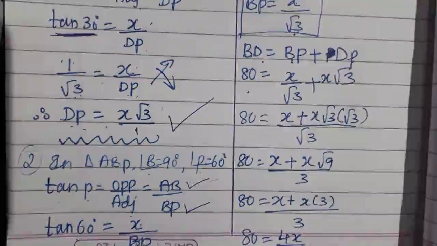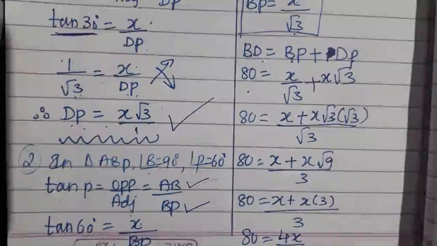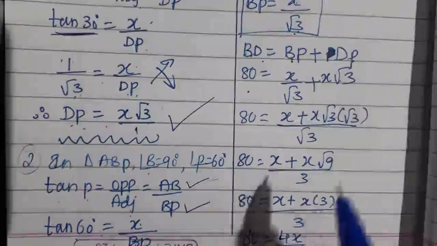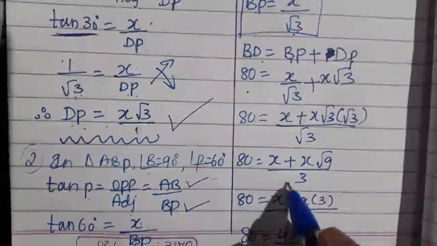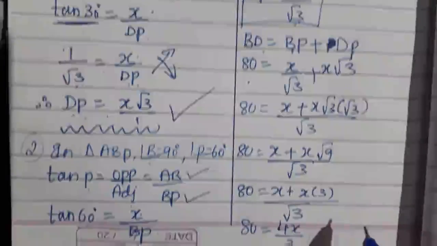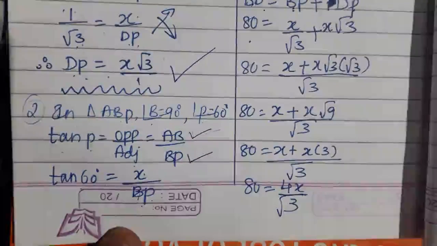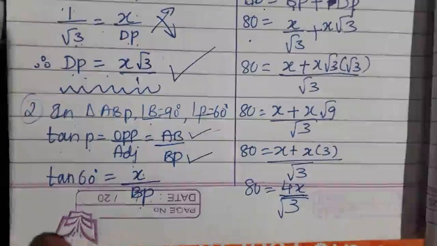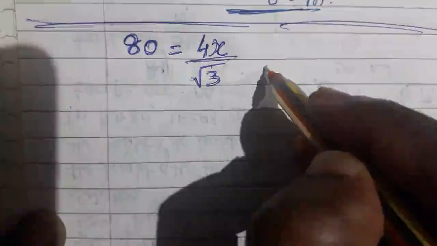Now if you cross multiply, what you will get? Root 3 will remain as it is. Root 3 will not change, sorry. So now we have to cross multiply.